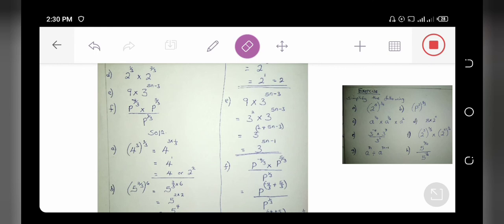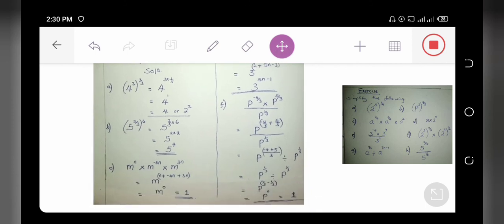And then we can go to part F. When you go to part F, we are given p to the power negative 4 thirds times p to the power 5 thirds divided by p to the power a third. Here we begin by simplifying the numerator, and we first keep the denominator. On the numerator we are multiplying indices whose bases are the same. Therefore we add the powers on the numerator, as you can see at this step.